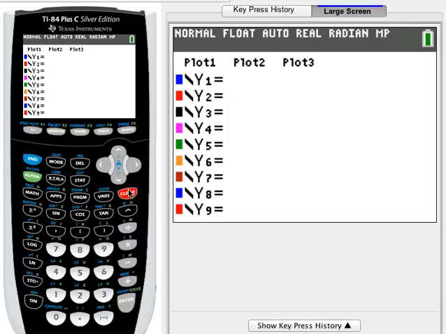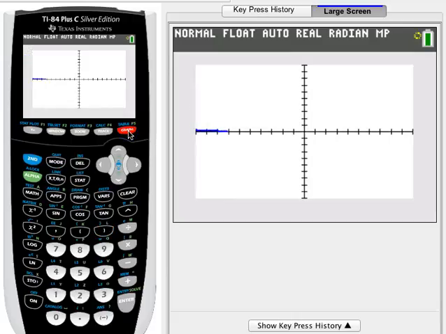So I have x plus 6 divided by x minus 3, graph it, and there you go. There is our function.